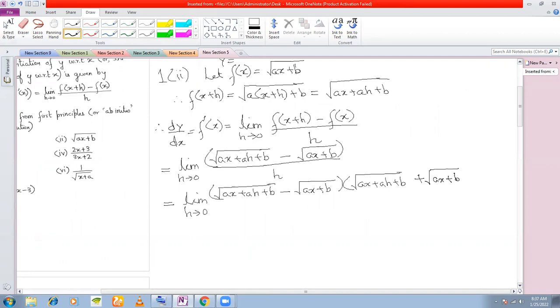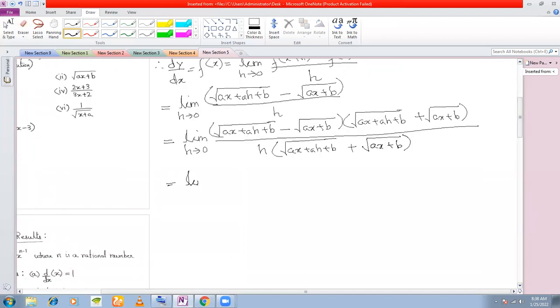This is the rationalizing factor. And we multiply the numerator and the denominator. So you have root of a(x plus h) plus b, plus root ax plus b, right?